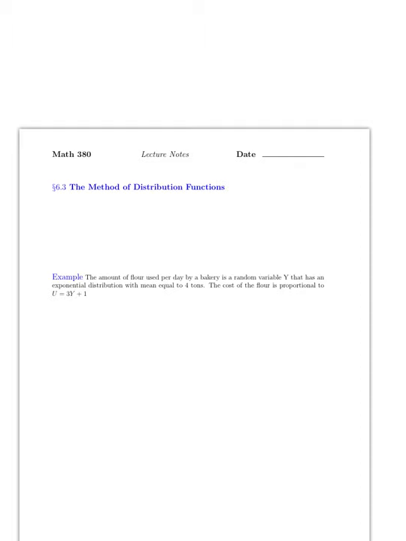Now the main idea of all of chapter 6 is the following. We have a collection of random variables, and we're going to define a new function U that depends on the random variables.